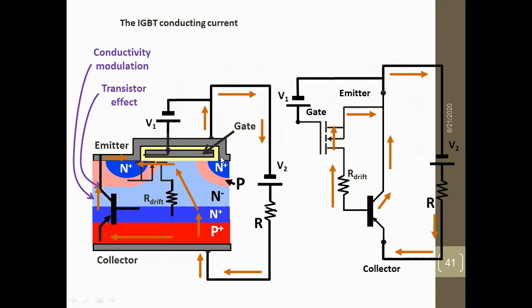The n carriers are moving towards the p channel, the p substrate, near the gate region. This is also a p region. Whatever the red color we shown here is also a p region.